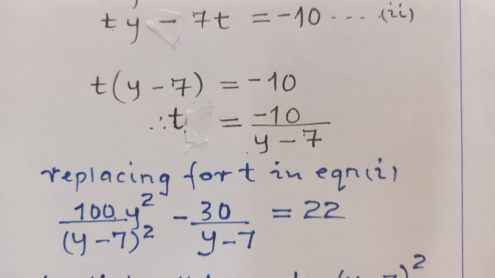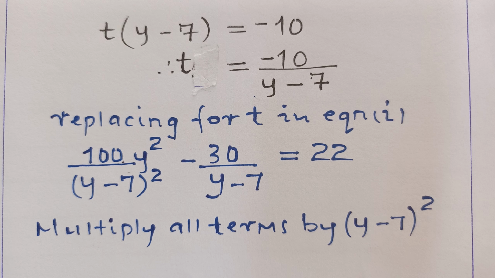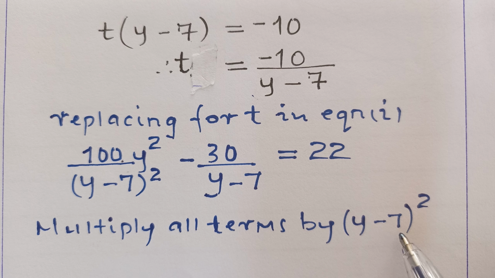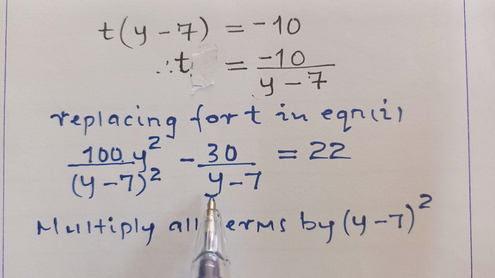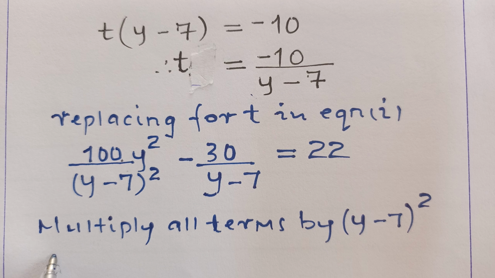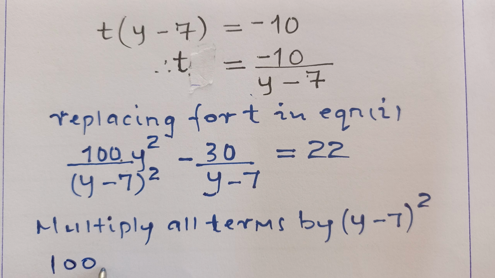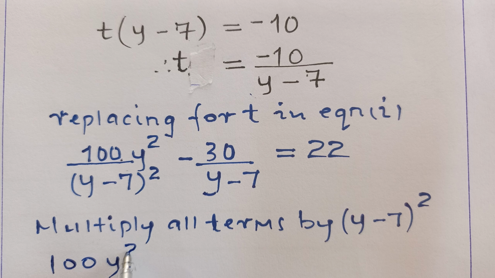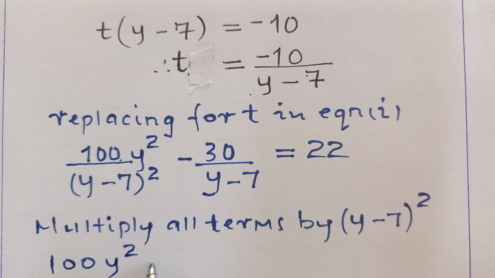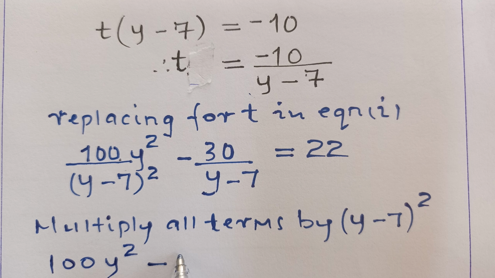Guys, from there we multiply all the terms by y minus 7 squared. This is to remove the denominator, and so we shall have 100 y squared minus the 30.